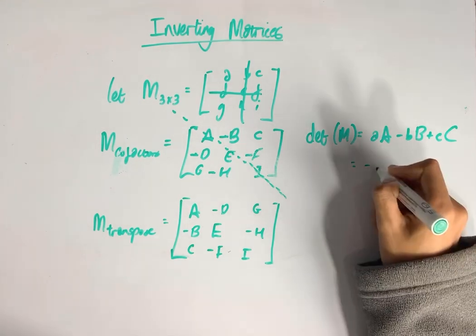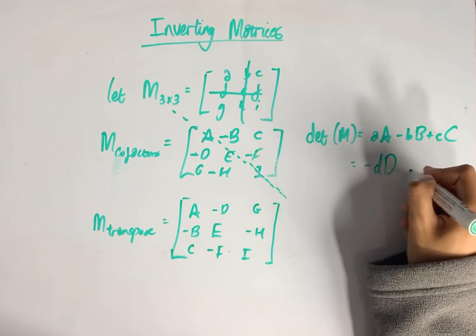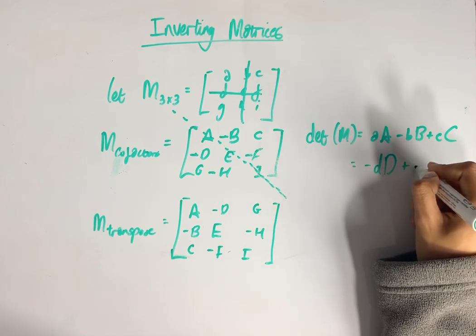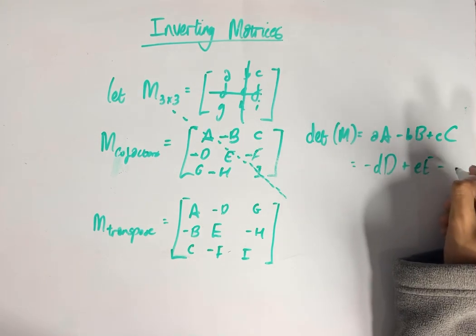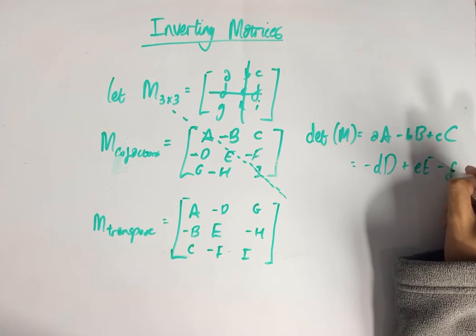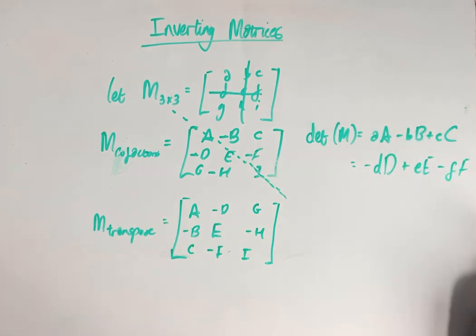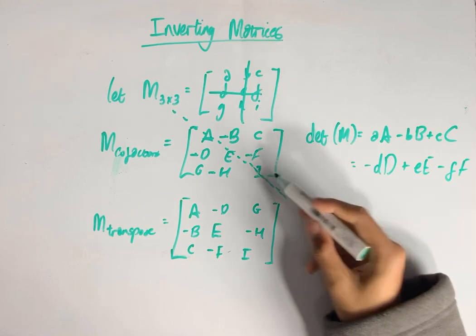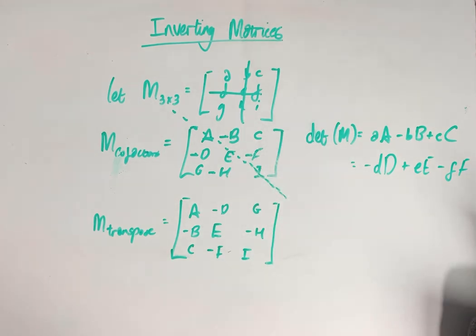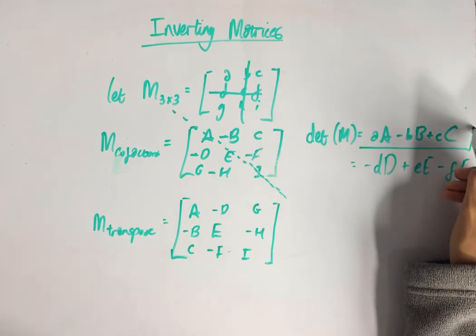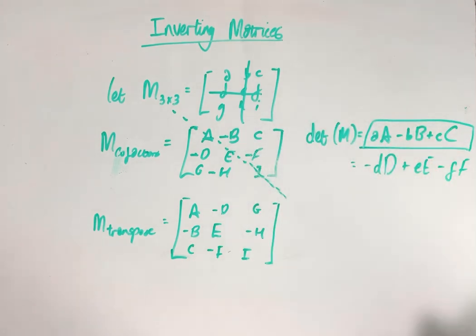So it should be minus DD plus EE minus FF, and so on with this one, flipping it back. But when in doubt, stick to this original one, because this is the main one you need to remember. These are just side ones.